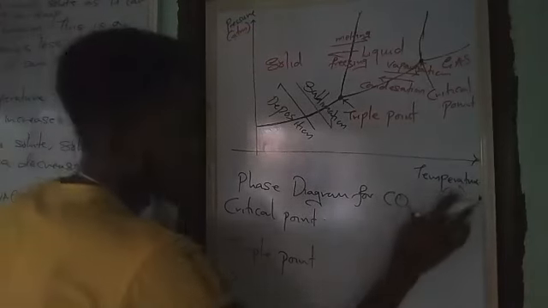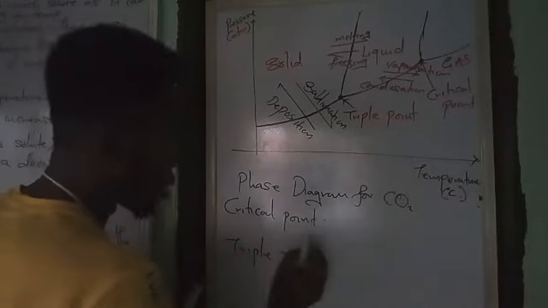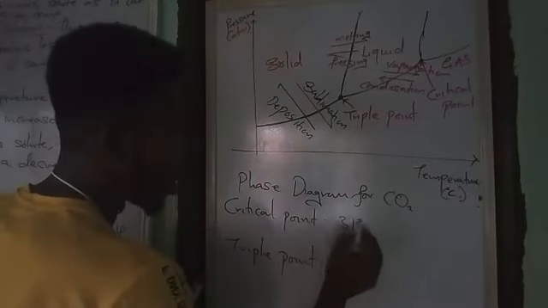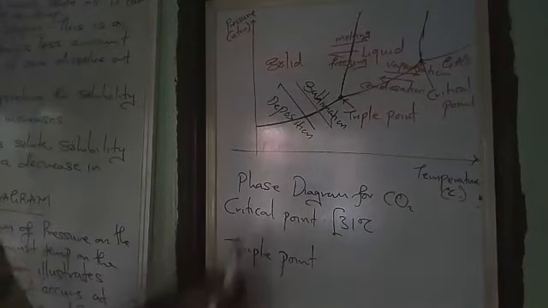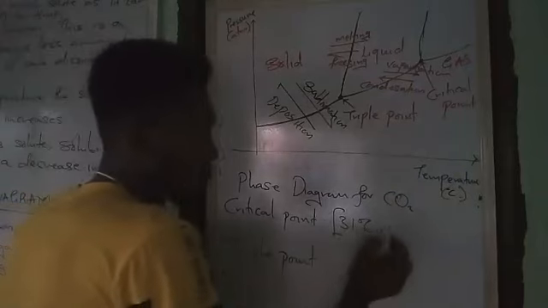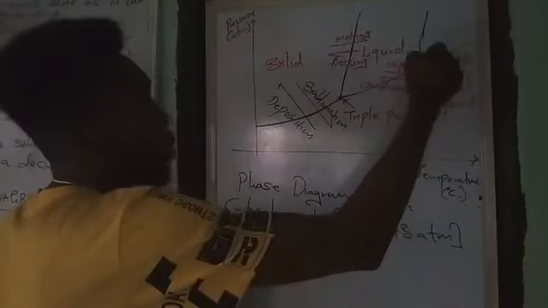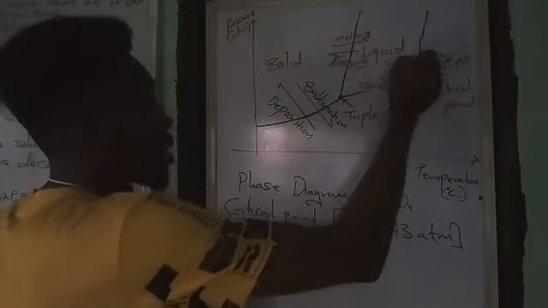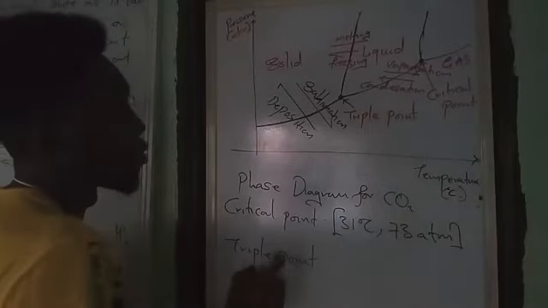Let me use Celsius. 31 degrees Celsius and 73 atmospheres. That's very critical. That means if this graph was drawn to scale, by the time I trace this from here like this, I should obtain a pressure of 73 atmospheres.